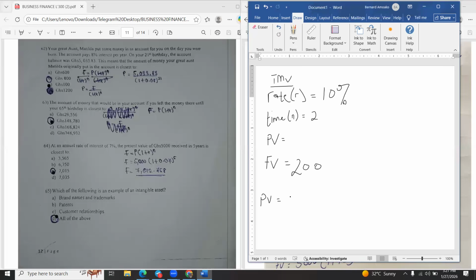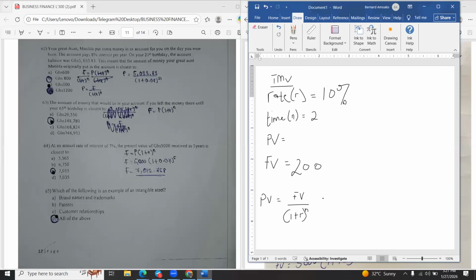It means, how much would your friend give you now in case you want your friend to pay you the money? We said that to find present value, you need to discount the future value. So it is the future value over 1 plus the rate raised to the power of the number of years, n.